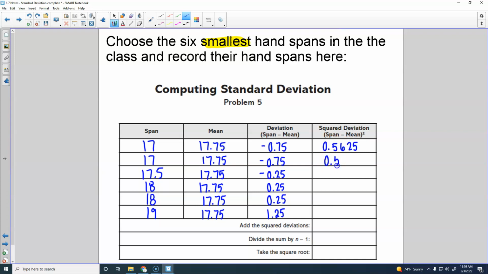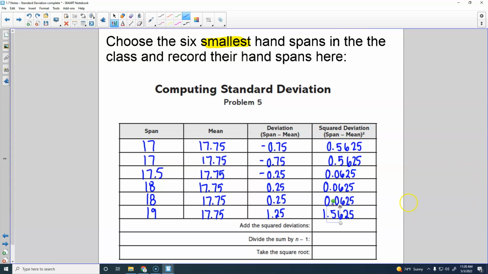So we'll get 0.5625 for both of these. We'll get 0.0625 for these 3. Five, 6, 2, 5, if I got that right.